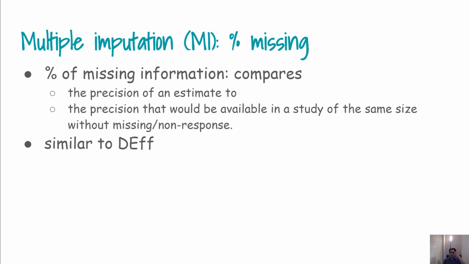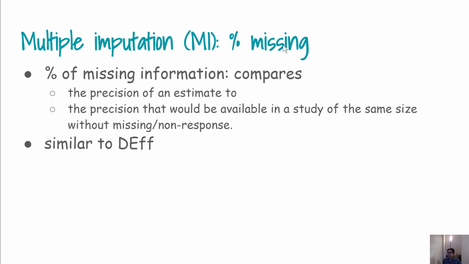In the sample survey, we learned about one interesting idea of design effect that compares the estimate's variance under a complex survey divided by the variance from a simple random sampling. And here in the missing data literature, we have a similar statistic. It's known as the percent missing.